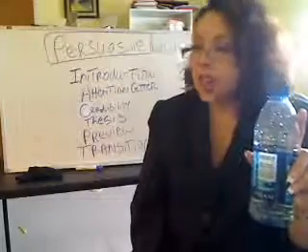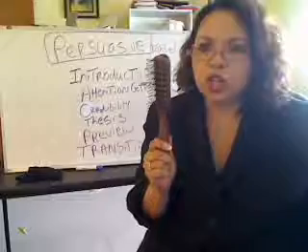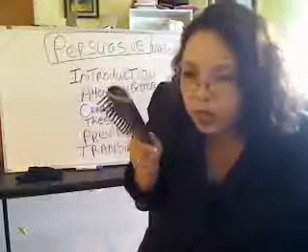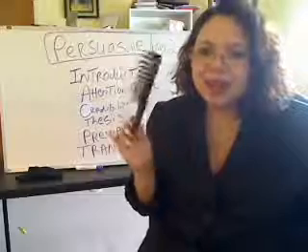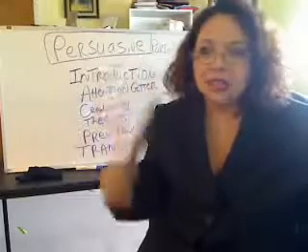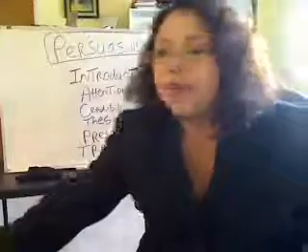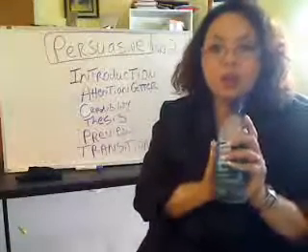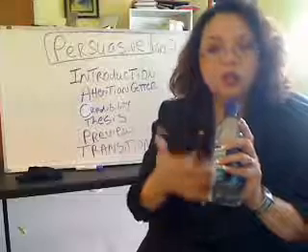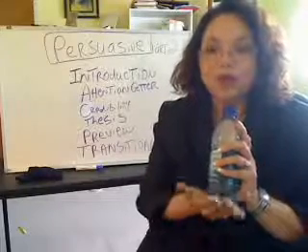You shouldn't say, here's my attention getter, it's my brush, which has nothing to do with bottled water. If you're talking to us about bottled water, your attention getter should relate to bottled water.